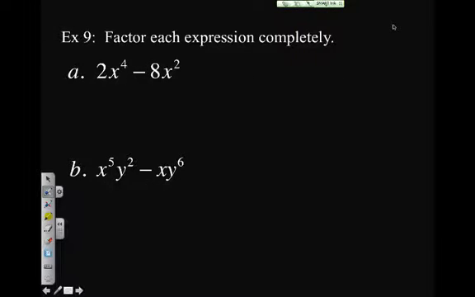Now again, we want to remember the first thing we always look for is whether there is anything we can take out of both terms. So in this case, notice we can take out a 2 and we can take out x squared. And once we do that, here's what's left. Take out the 2, you divide out the x squared, you're left with x squared minus 4. x squared minus 4 is a difference of squares.